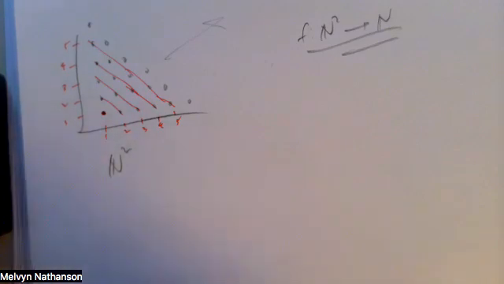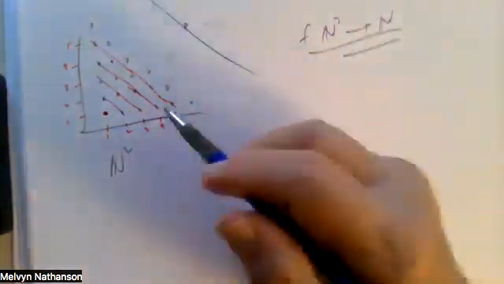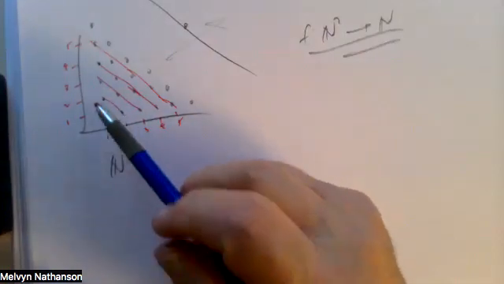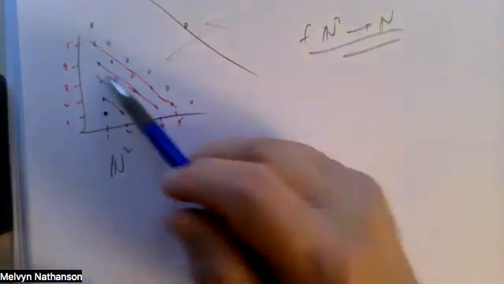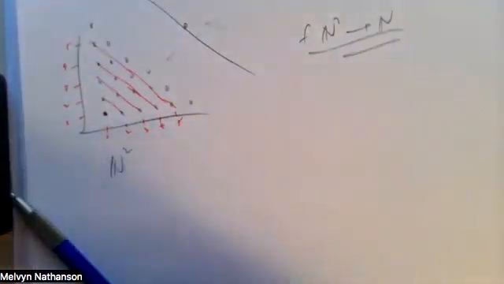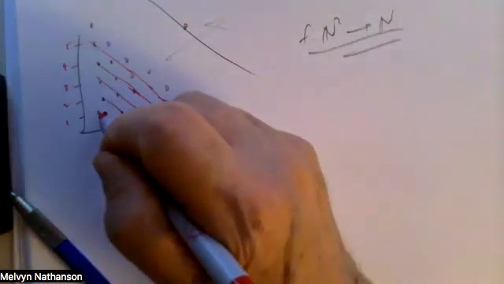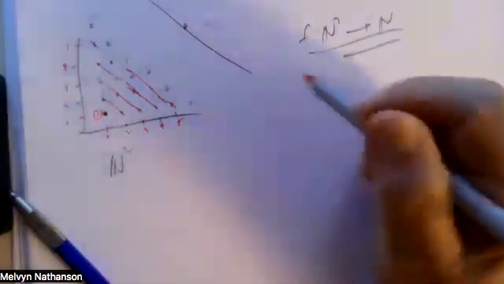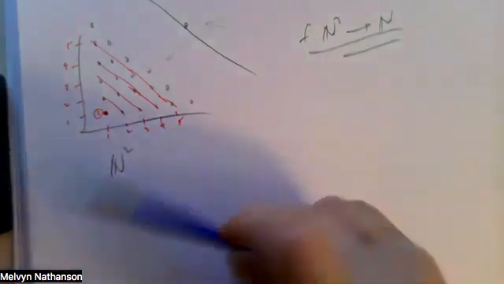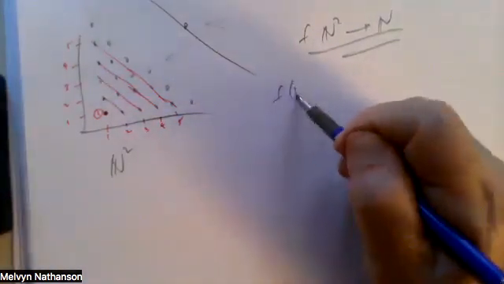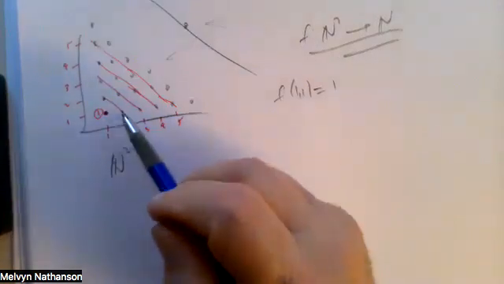You see every point, no matter what point you pick, no lattice point, it's on some diagonal. So as you go along these diagonals, you're going to hit every point. So our function, we can say, well, we'll send this to the number 1. So f of 1, 1 will be 1.